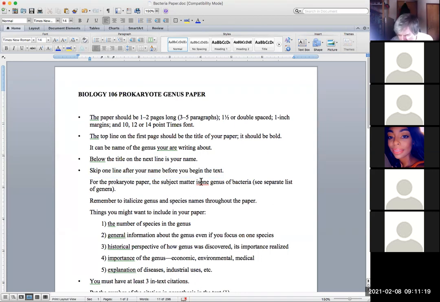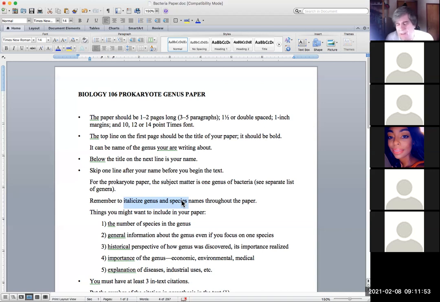So you're going to write about, oops, should be 2 separate words, 1 genus of bacteria, either one of the ones from the list or a different one if you want. Remember what we've said. You're going to italicize the genus and species names. You're going to capitalize the genus name, but remember the species name is not capitalized. And also remember that something I said earlier, you never use the species name without the genus name.